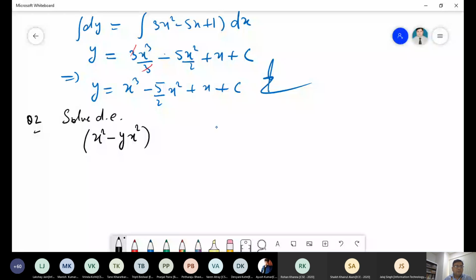So x square minus y x square dy by dx plus y square plus xy square equal to 0. Solve this question. I'm giving you 2.5 minutes.